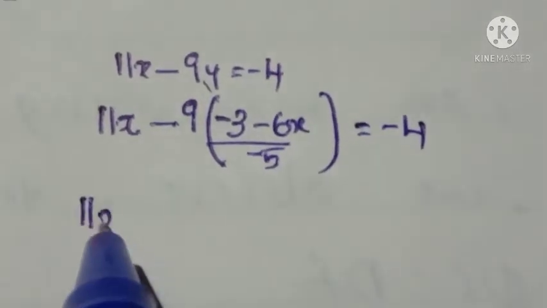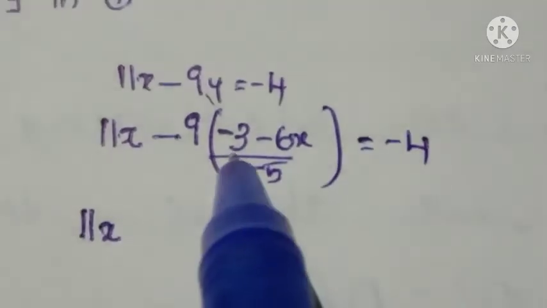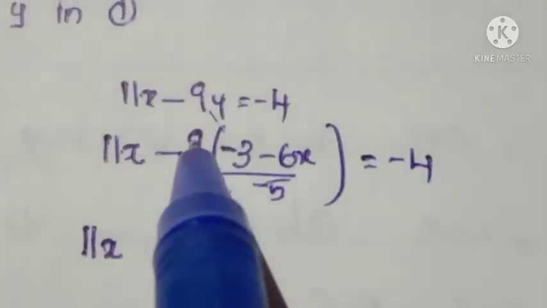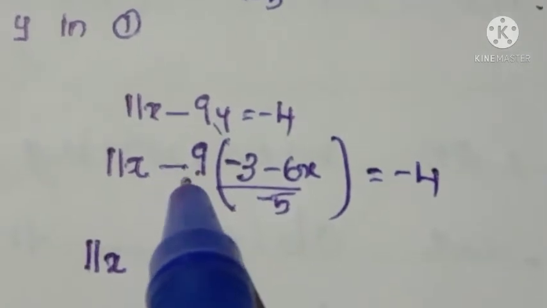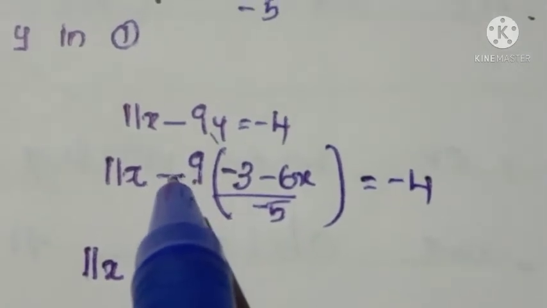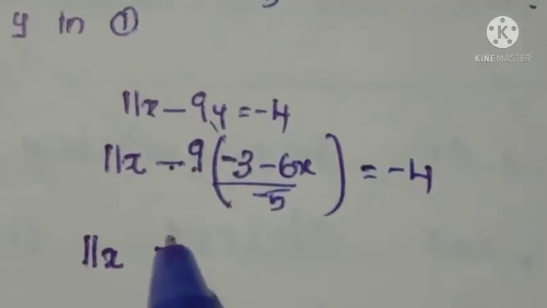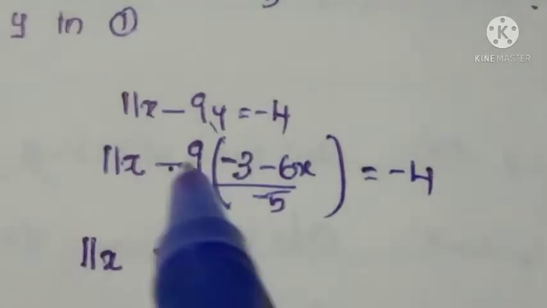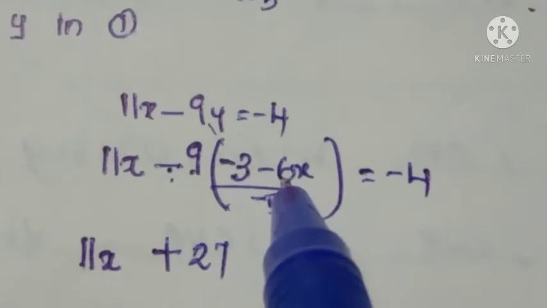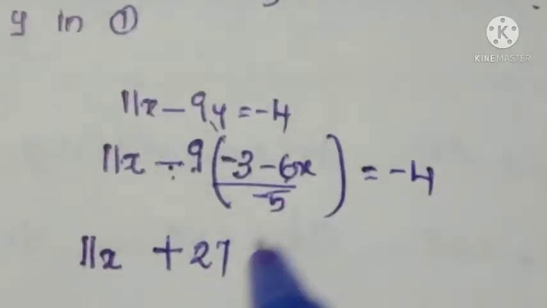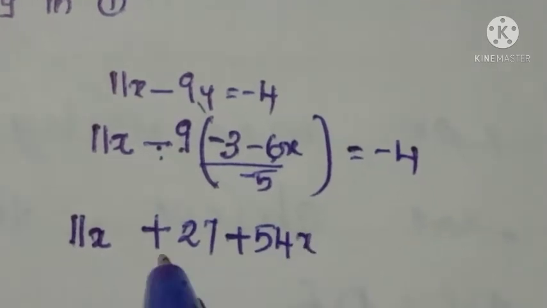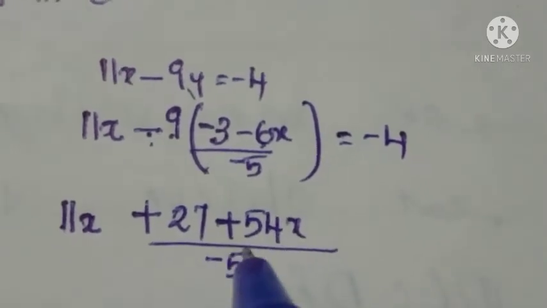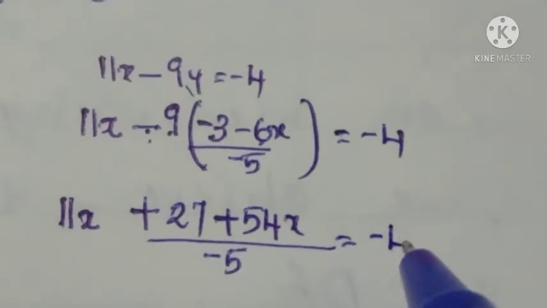Now open the bracket. 11x, listen, minus 9 into minus 3, that is plus 27, minus 9 into minus 6x, 9 into 6, 54x, divided by minus 5 equal to minus 4.